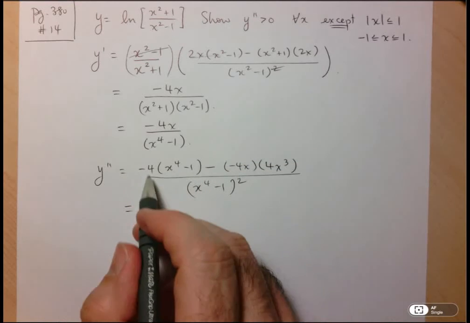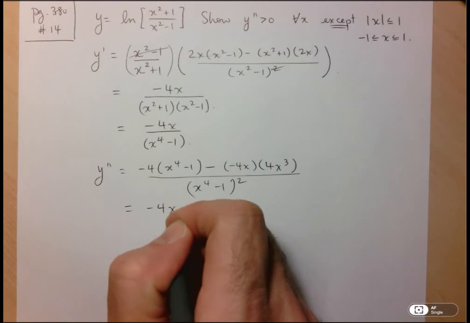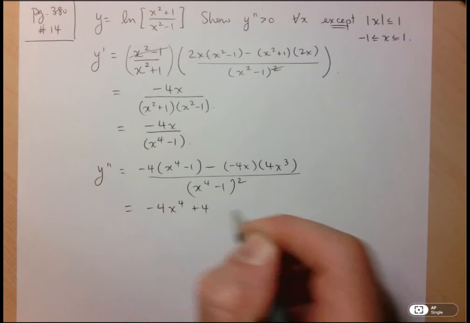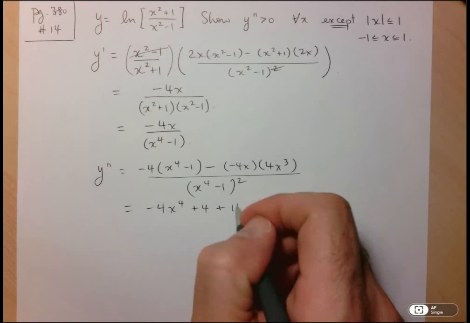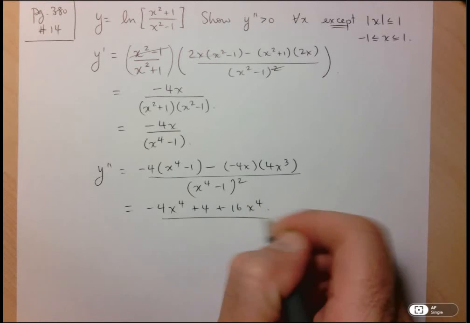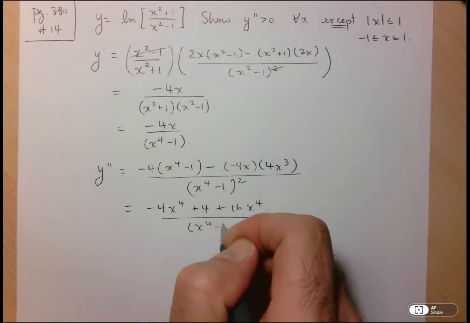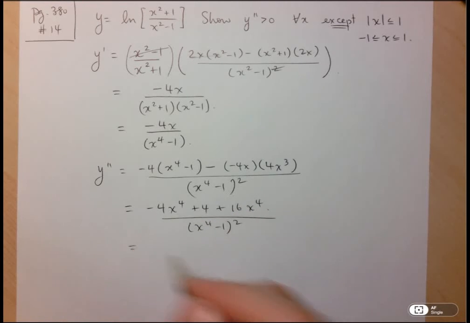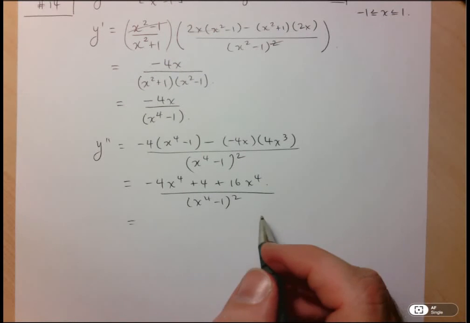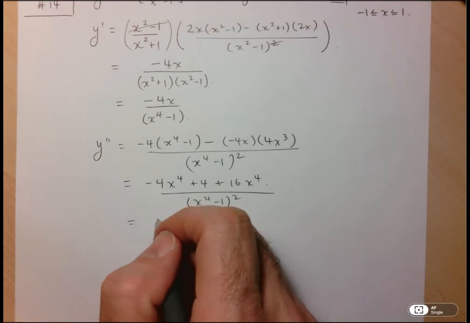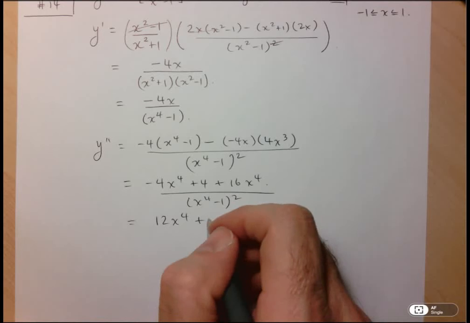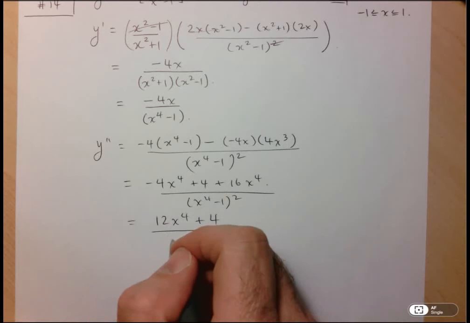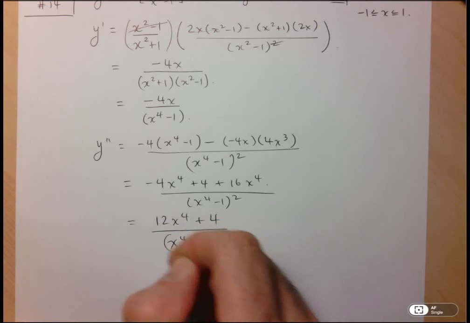Okay, so let's simplify here. We got negative 4x to the 4 plus 4, and here we have plus 16x to the 4. So when we simplify this, negative 4 plus 16, we have 12x to the 4 plus 4, all over x to the 4 minus 1 squared.